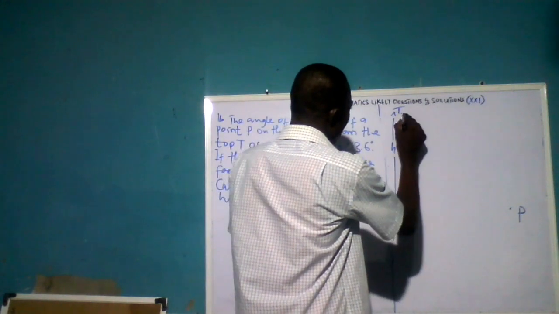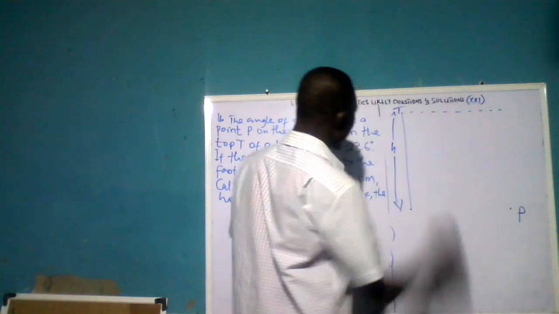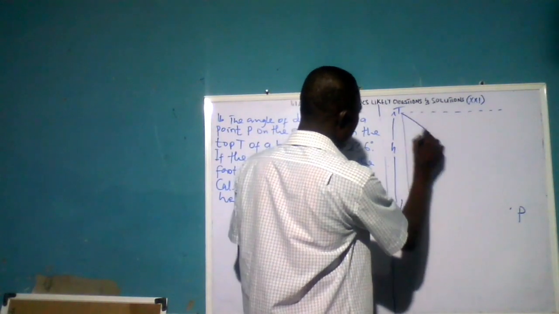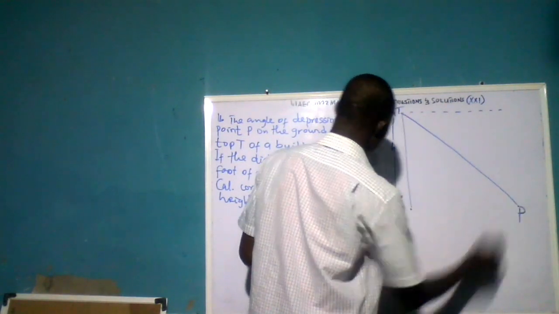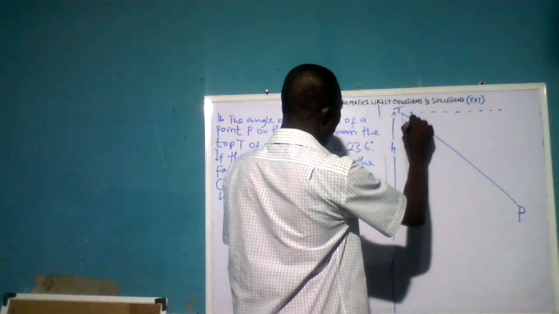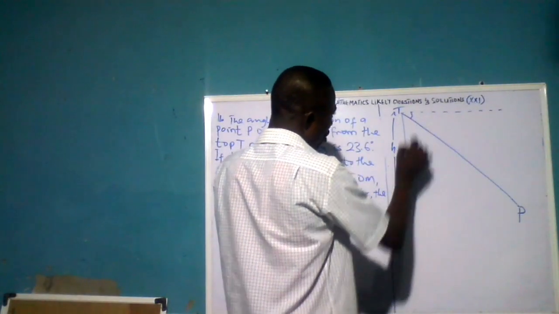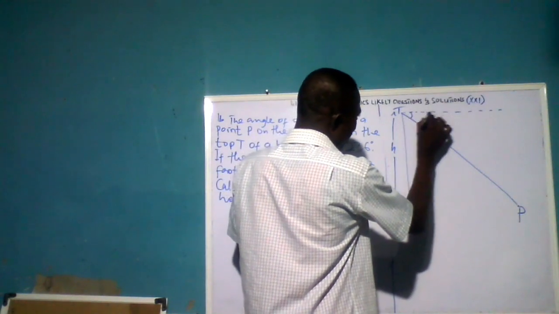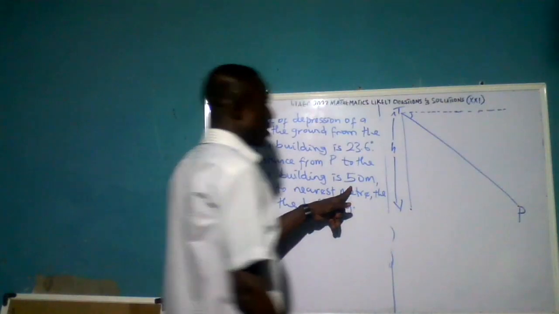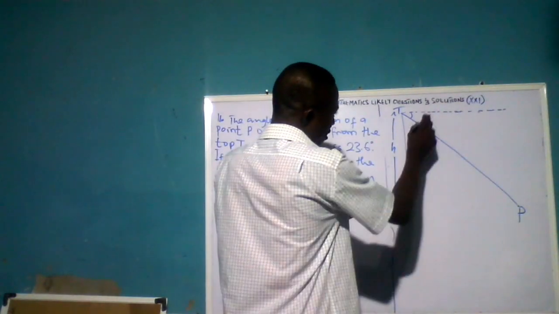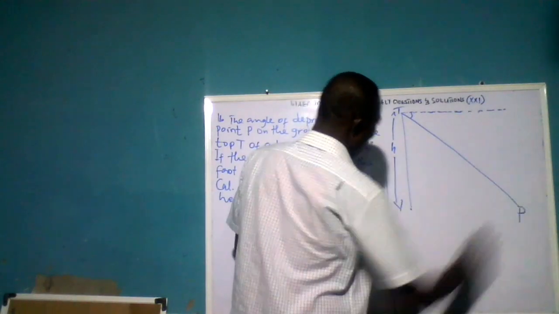So if this line is parallel to the horizontal ground, the angle of depression to this point will be the angle downward away from the parallel line.